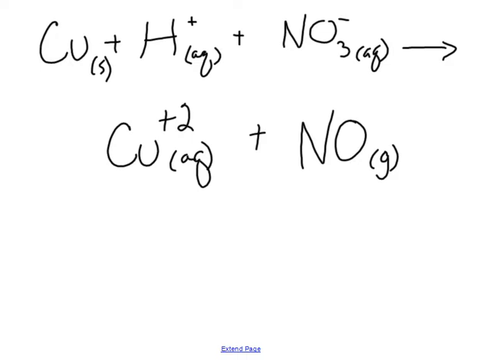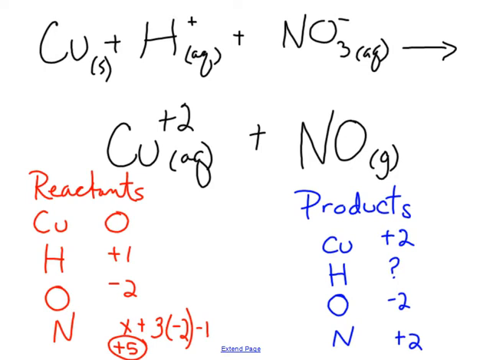So pause for just a moment and figure out the oxidation numbers of all of the reactants and all of the products. All right, the oxidation numbers of both the reactants and products are summarized below. Copper is 0 to begin with because it's in its elemental state, and it is converted to copper with a +2 charge.